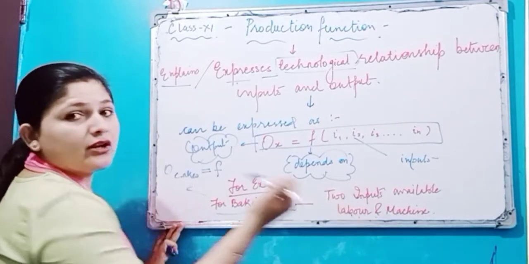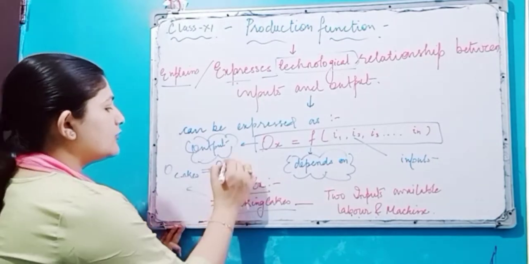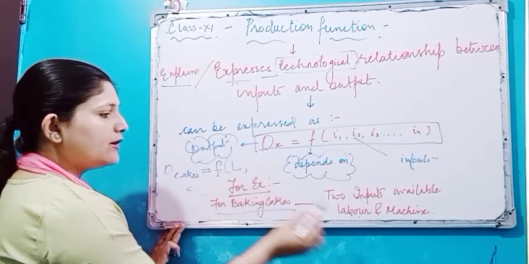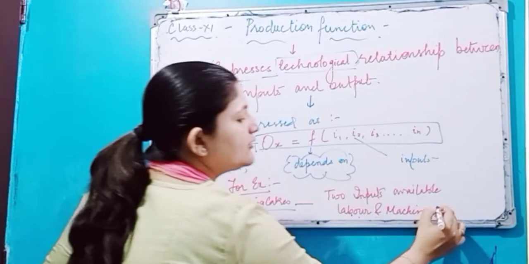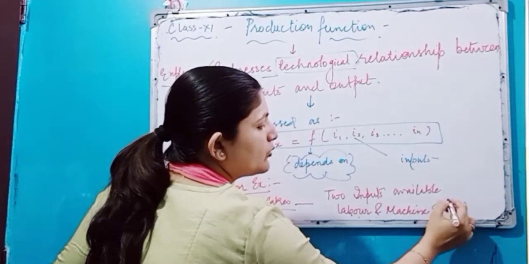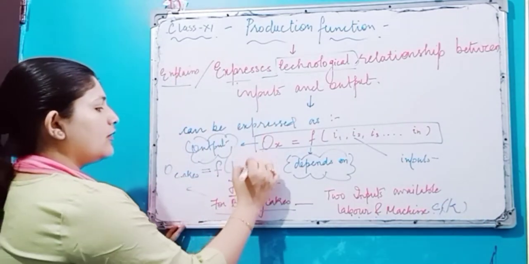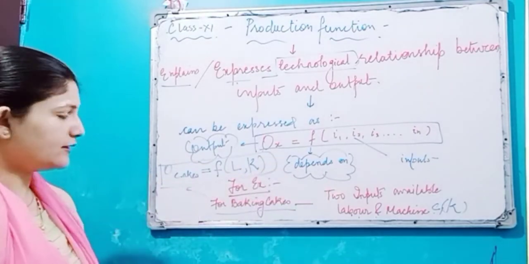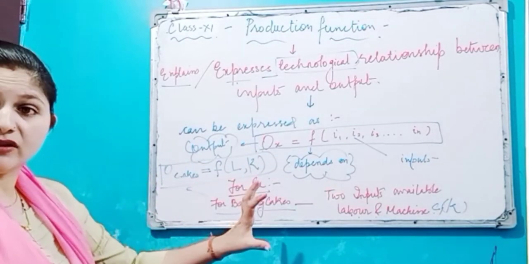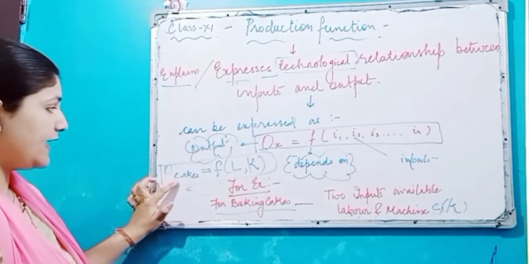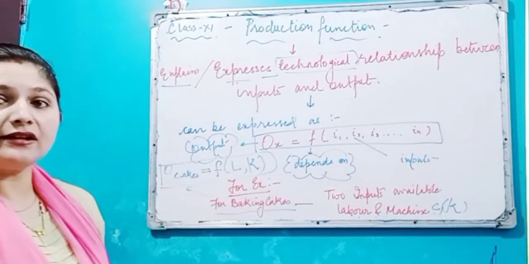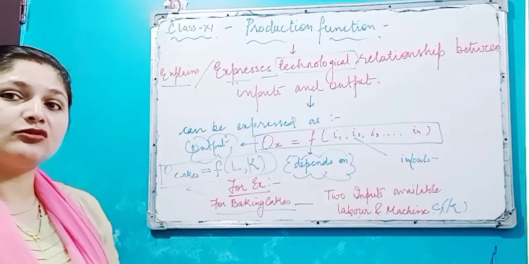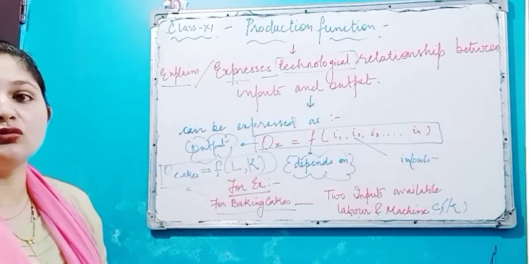Labor and machine. Now machine is capital, so L stands for labor and machine is your capital, which is denoted as K. So the production function of this situation becomes: output of cakes is a function of labor and capital. That means how many cakes would be produced depends on these two inputs given.